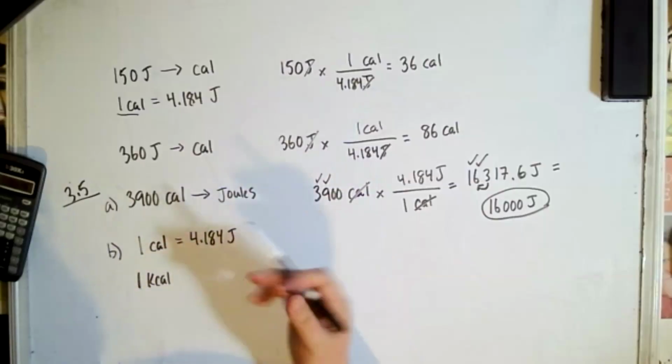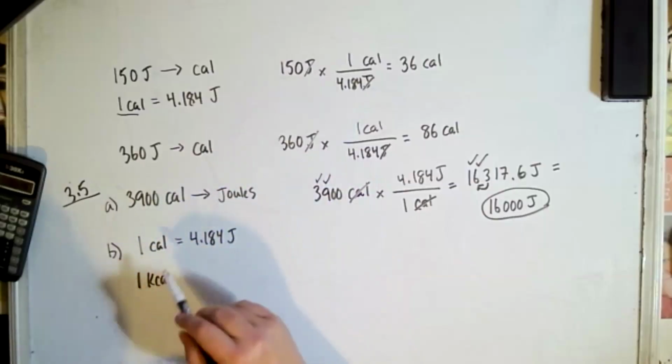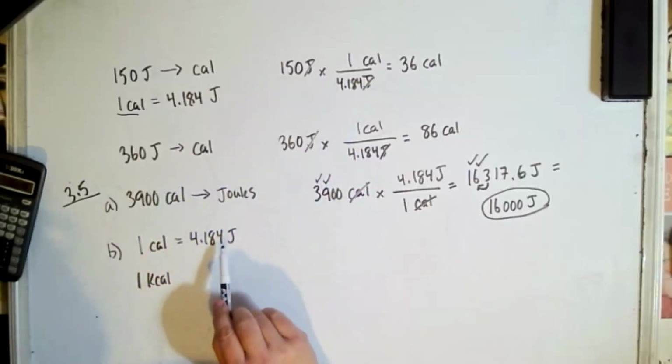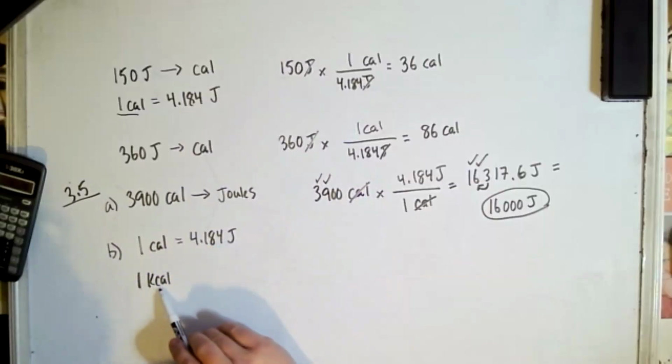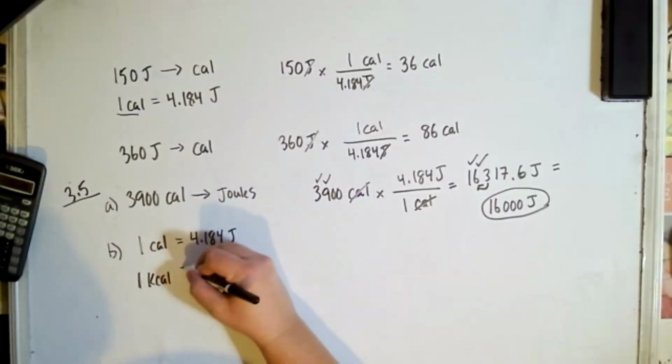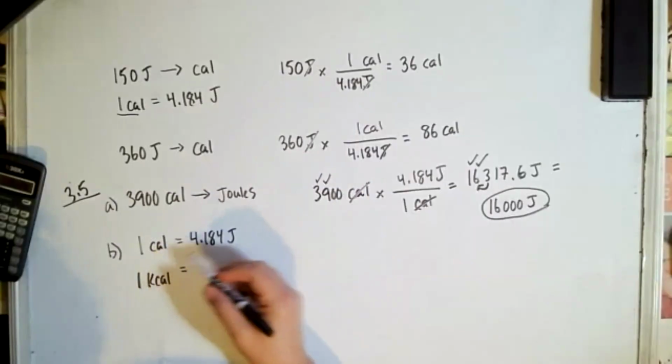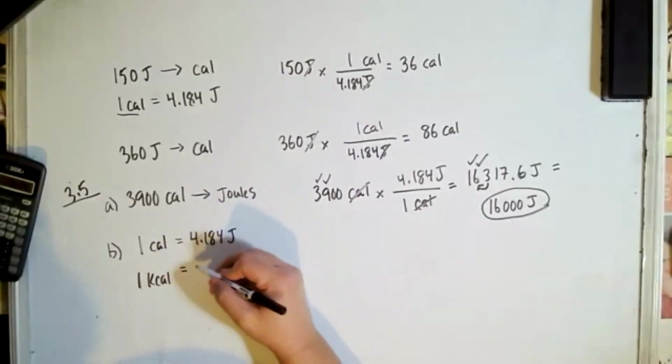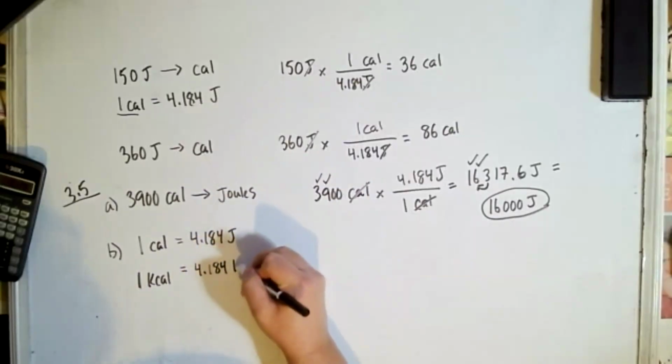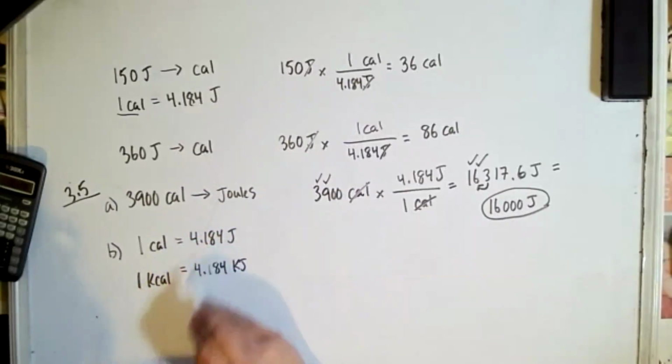So by adding that kilo prefix, we're multiplying both of these things by 1,000. So if I have 1 kilocalorie, which is 1,000 calories, I'm going to have the same amount of kilojoules as my original conversion.